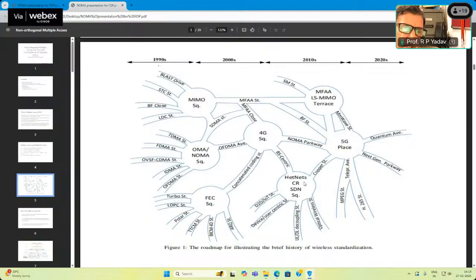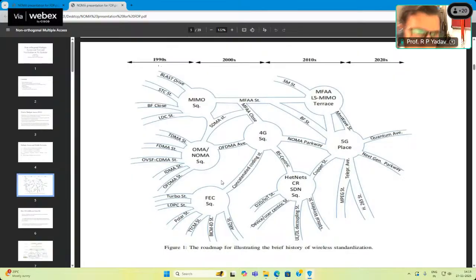Before 5G, we had heterogeneous networks, cognitive radios, software defined networks, and device and user centric standards, D2D and IoT standards. This slide represents NOMA waveforms also, and you can see Massive MIMO and terahertz, so this whole network has evolved.